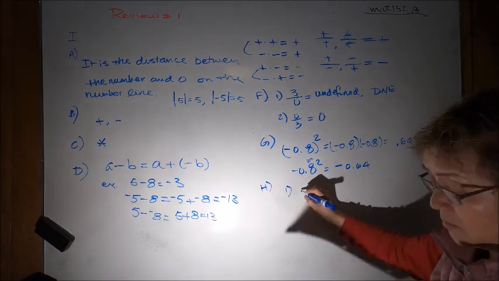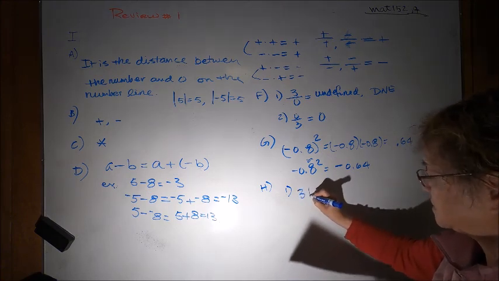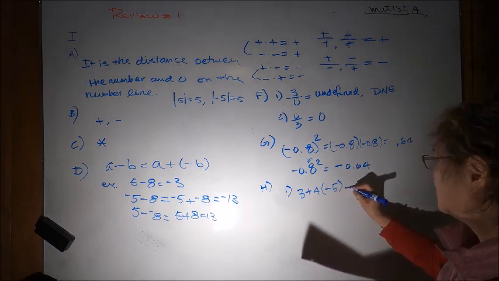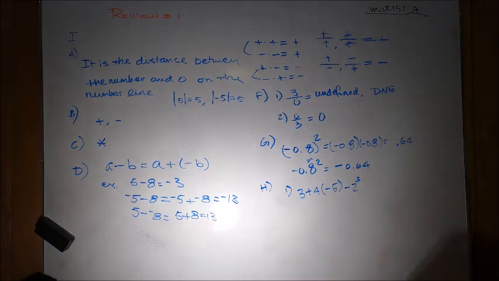Next one, we will ask you to do a few numbers with a bunch of add, subtract, multiply, and divide. So what kind of order do you have to follow? You have to follow the order of operations, right? You do grouping first, then exponents, then multiplication and division from left to right, and you do addition and subtraction at the end.